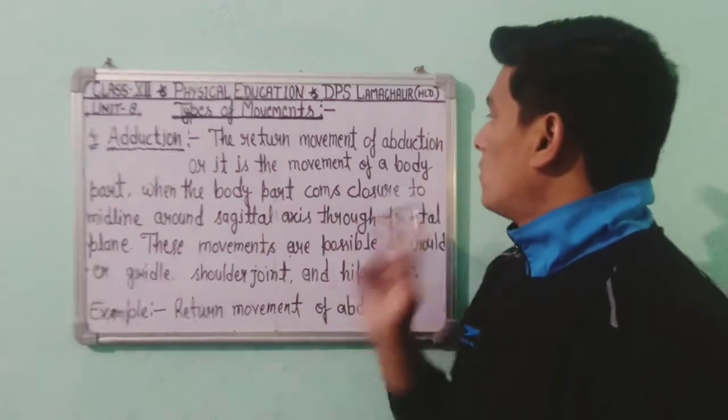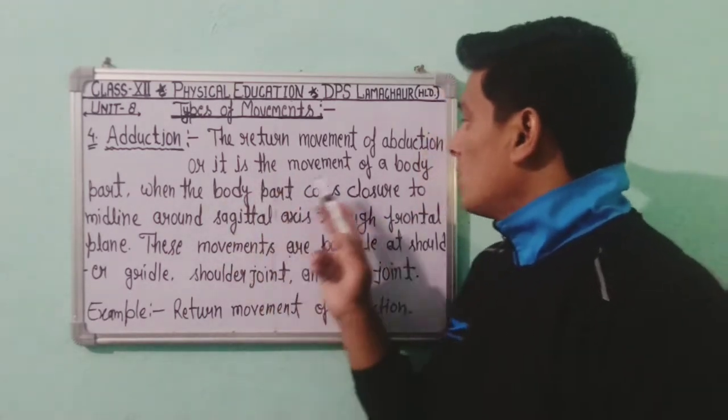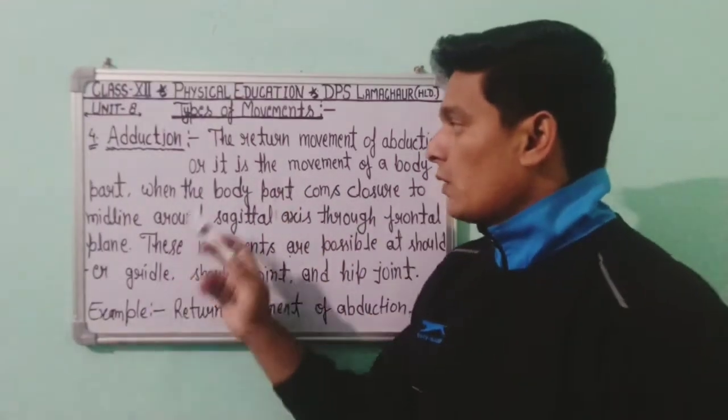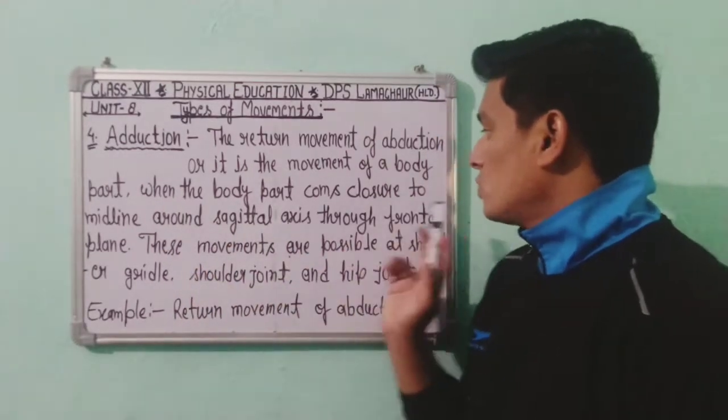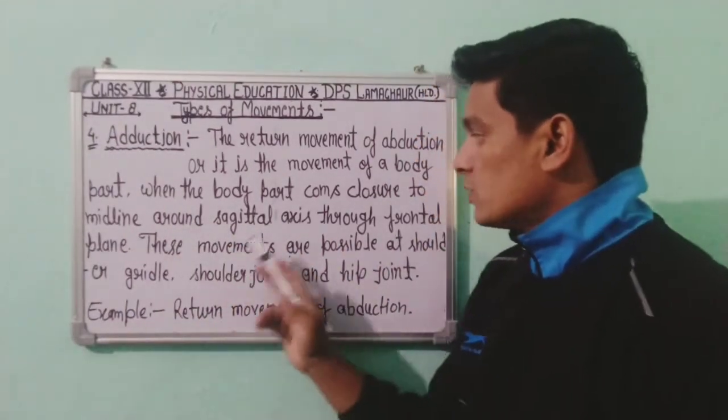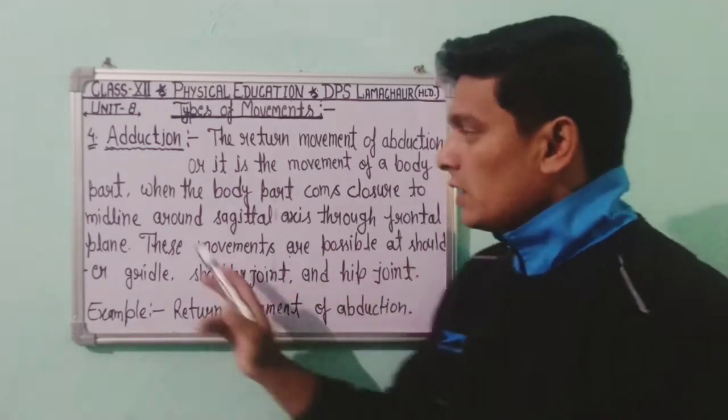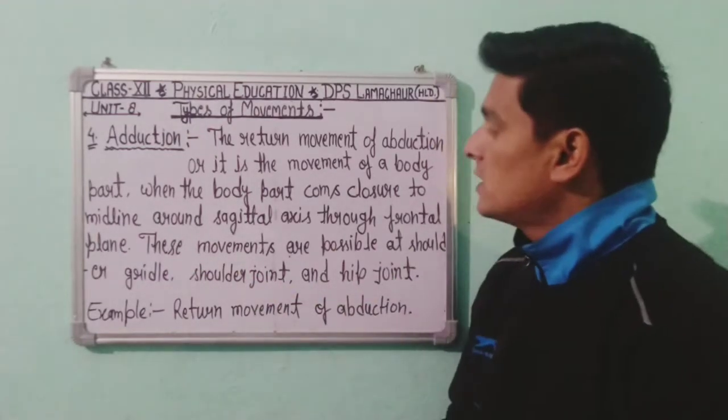Adduction is the return movement of abduction, or it is the movement of a body part when the body part comes closer to the middle line around the sagittal axis through the frontal plane. Understand it once again.